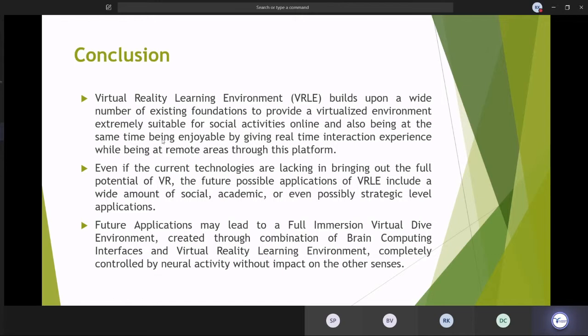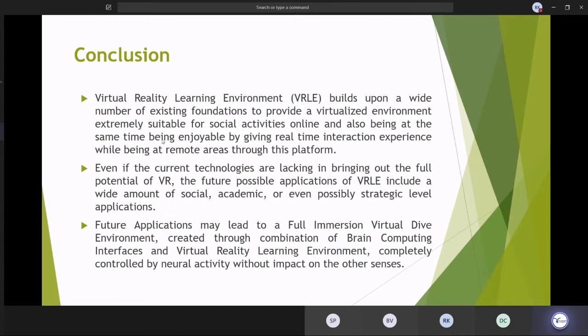Even if the current technologies are lacking in bringing out the full potential of virtual reality, the future possible applications of virtual reality learning environment include a wide amount of social, academic, or even possibly strategic level applications.